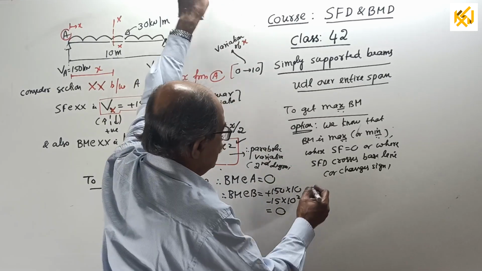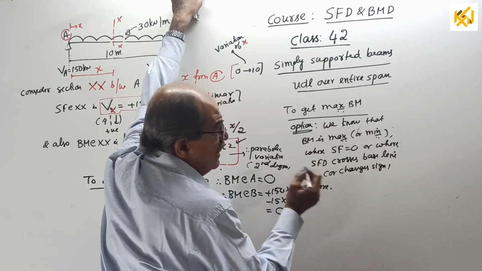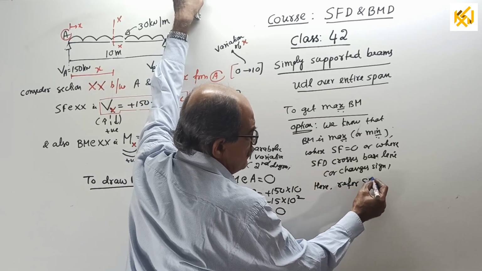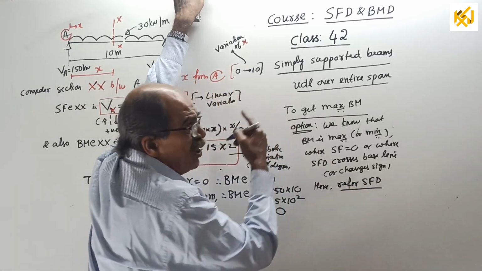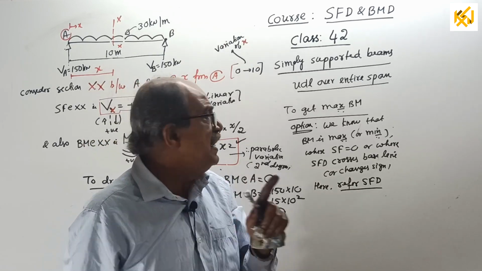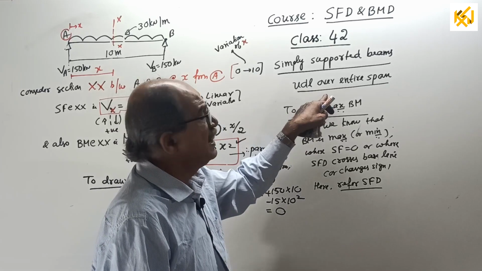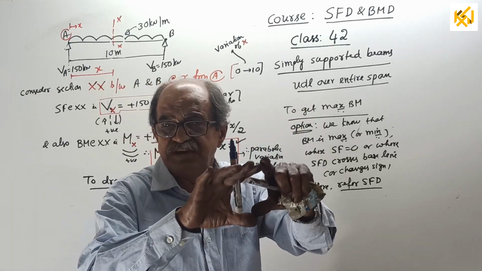Now, here, refer to the SFD. It was already drawn, I removed it, but by this time you should have drawn it. If you are serious, what I removed earlier should be there in a systematic way.